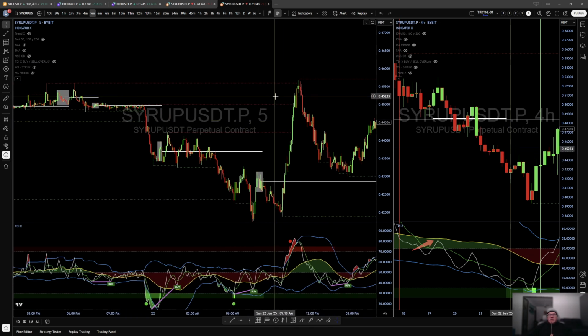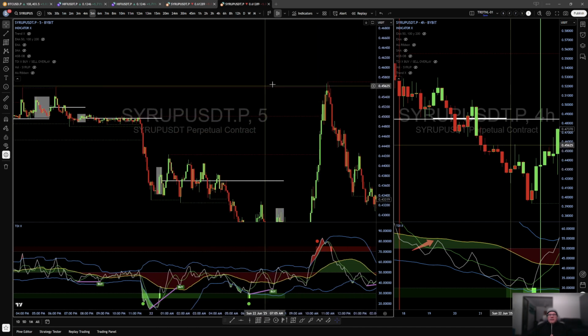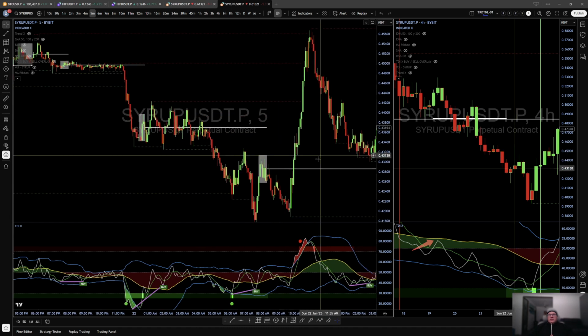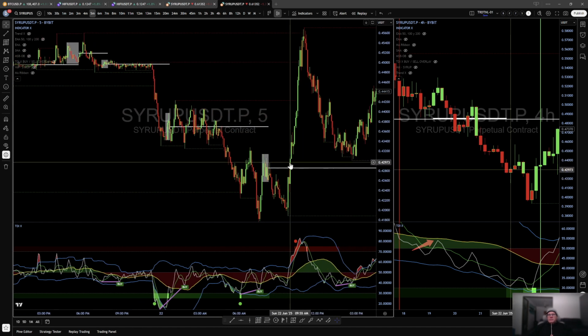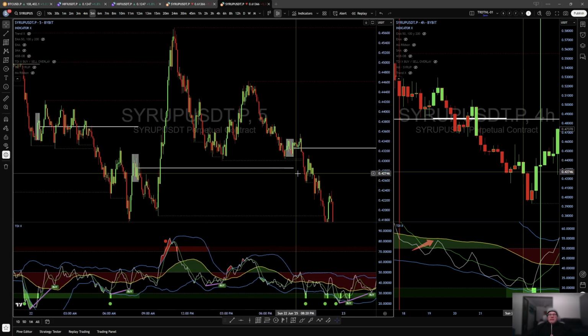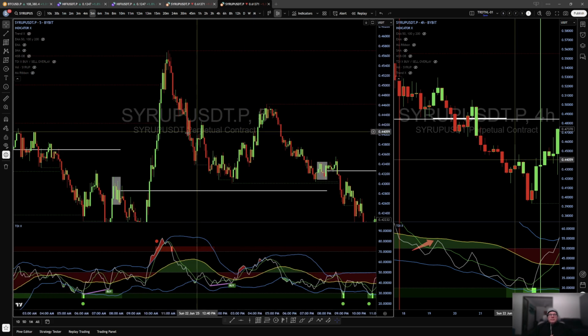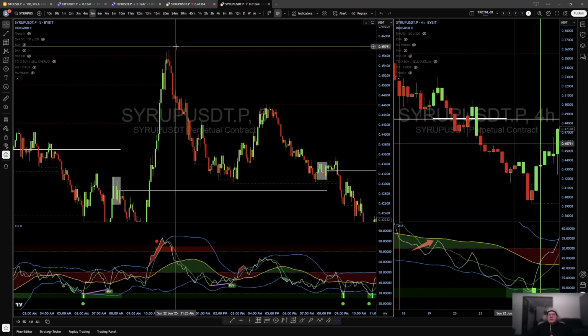I could go on and on with this, but just look at this. Right here, you had this super shark fin, and it was bearish. And it technically would have hit here. Say if you entered on that, let's see how close that is.